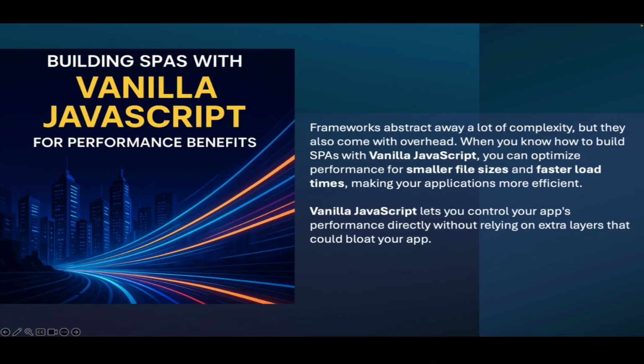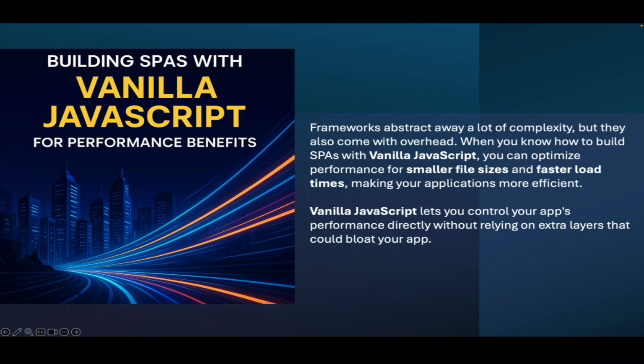Building single-page applications with vanilla JavaScript also comes with performance benefits. There are times where you might need to customize because frameworks and libraries abstract a lot of complexity, which is great, but this always comes with overhead. And when you know how to build SPAs with vanilla JavaScript, you can optimize performance for smaller file sizes and faster load times.